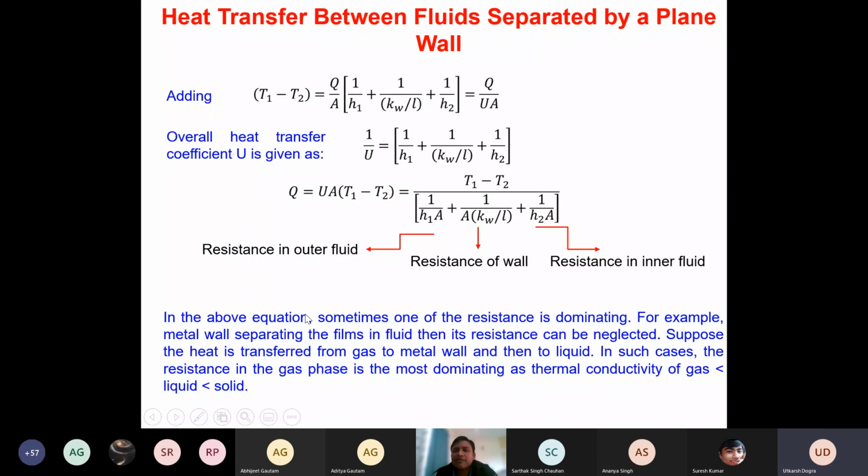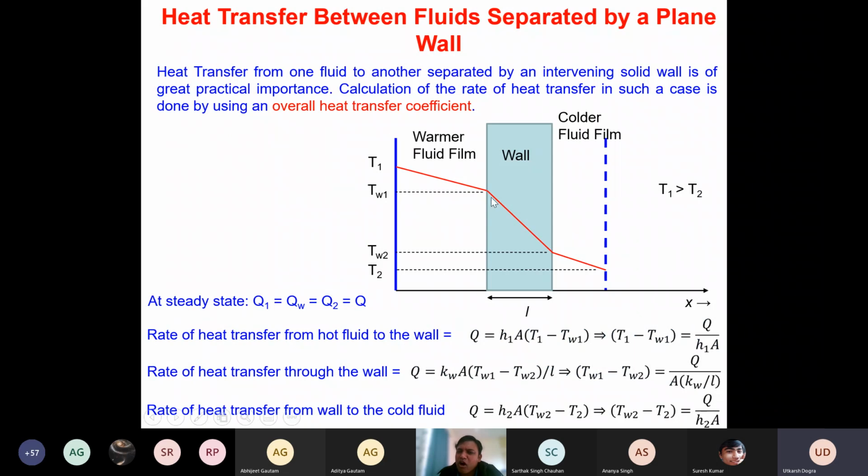But very often what happens? Remember, if you are using a metal wall in between, let's say instead of a brick wall, this is a metal wall. Metals generally have a very high conductivity, correct? Yes, sir.